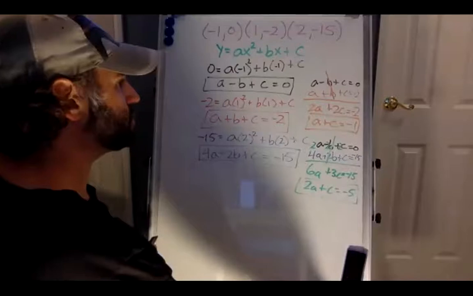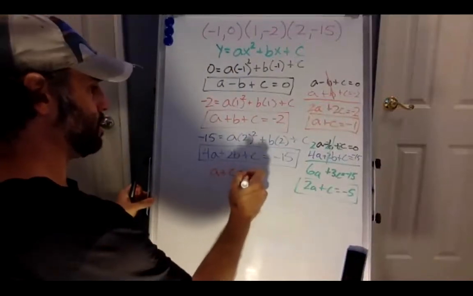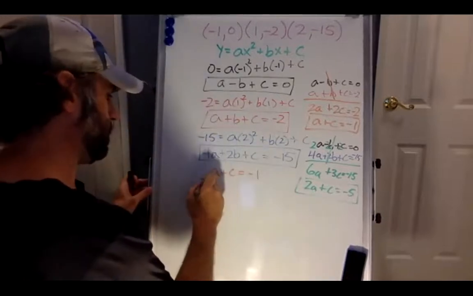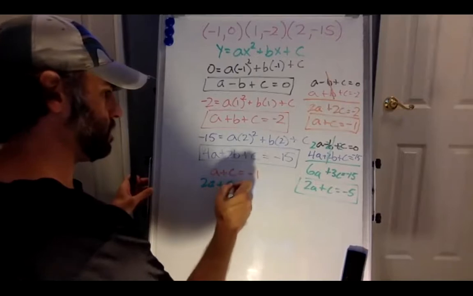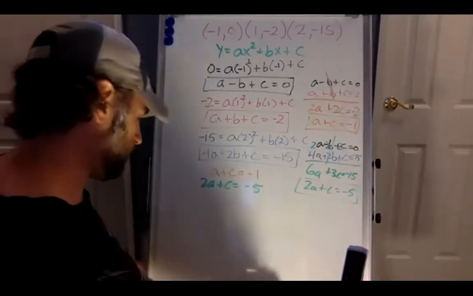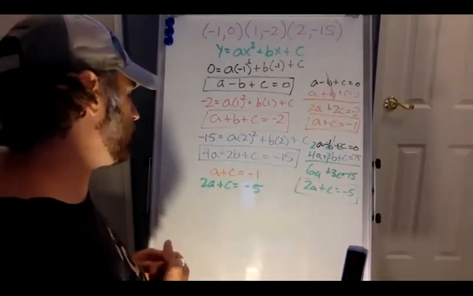I'm going to take orange, and I'm going to take green. And I have a regular system of equations that I can solve. You can use substitution if you like.